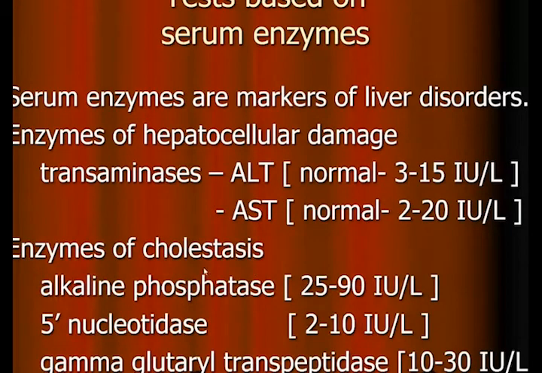So what are the enzymes in obstructive jaundice will be alkaline phosphatase, ALP, 25 to 90 international units per liter, and 5 nucleotidase will be 2 to 10 international units, and gamma glutamyl transpeptidase will be 10 to 30 international units. All the three will be elevated in obstructive jaundice.